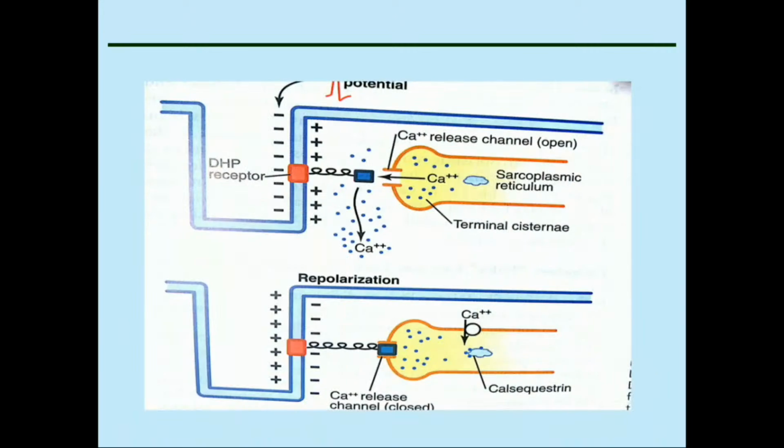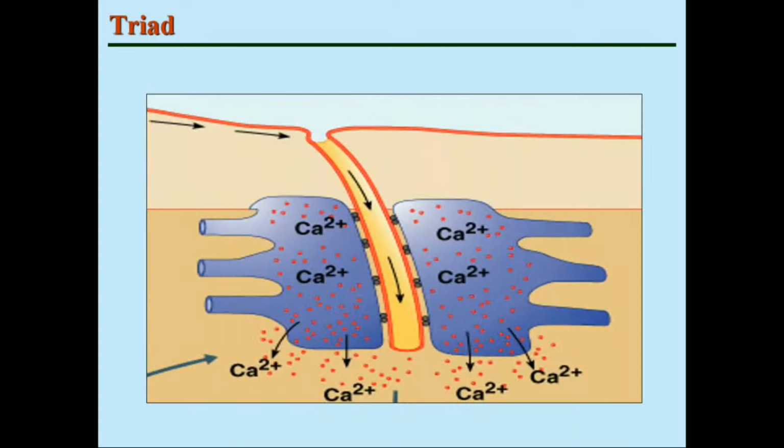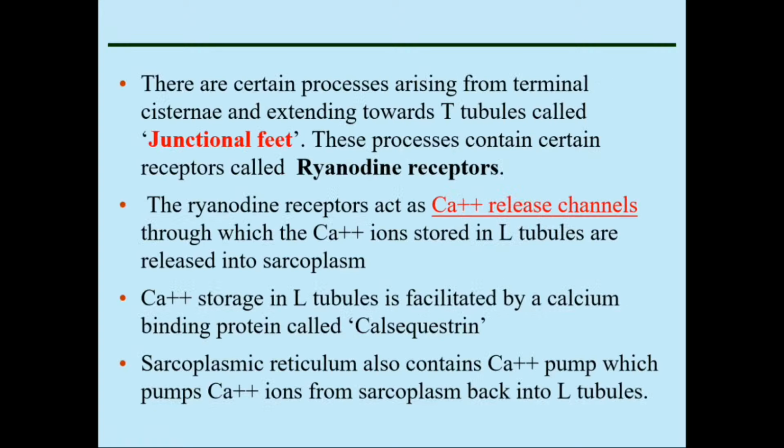So as you can see here, this is one aspect of the triad. These are the L tubules, and towards the one end it forms this dilated sac called as terminal cisternae, and from the terminal cisternae there are these processes extending towards the T tubules, and these are called as the junctional feet, and they contain the receptors called as Ryanodine receptors.